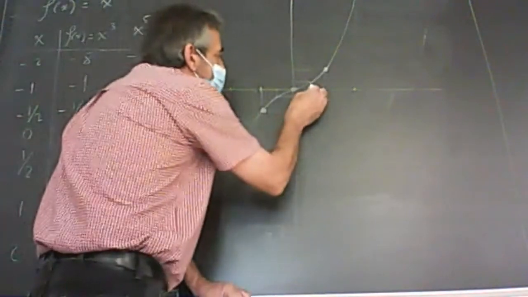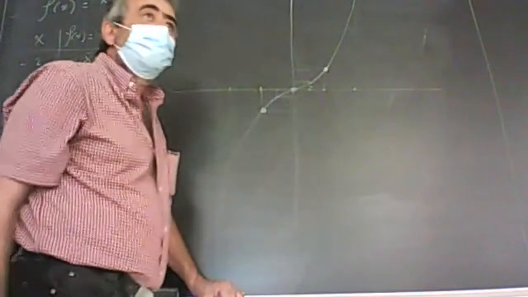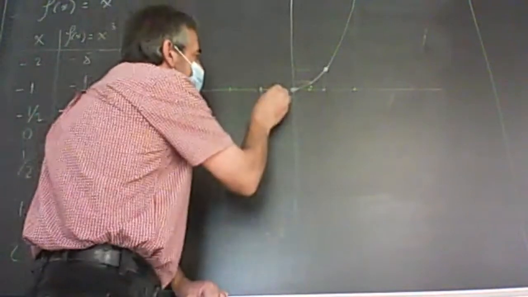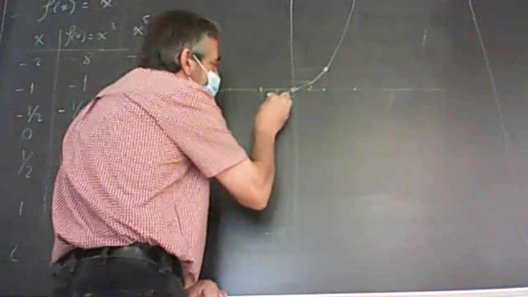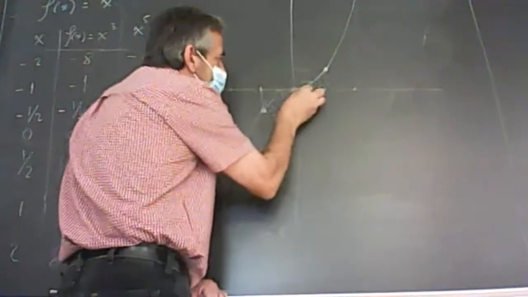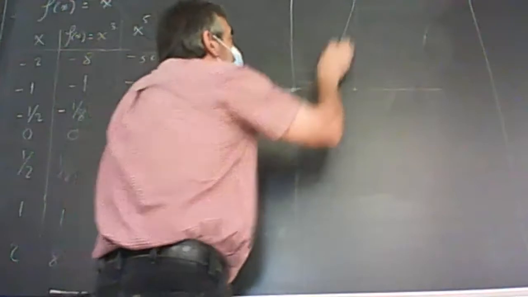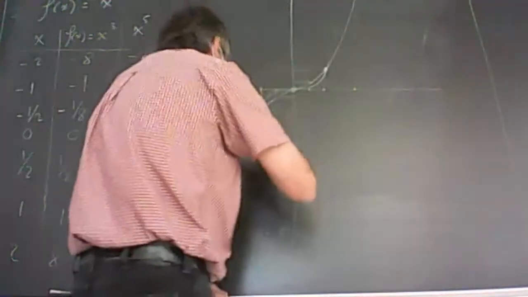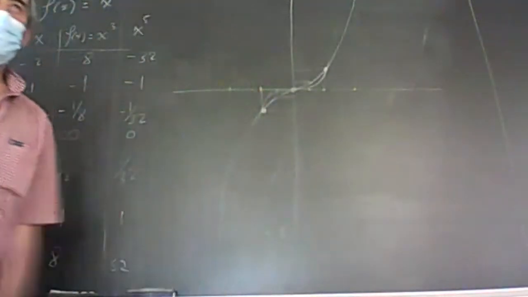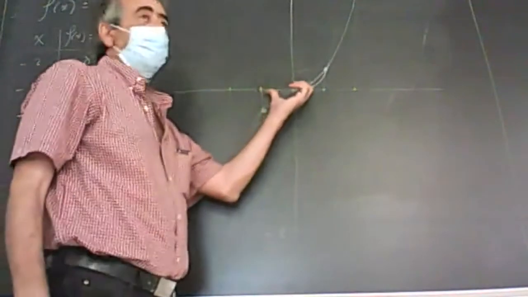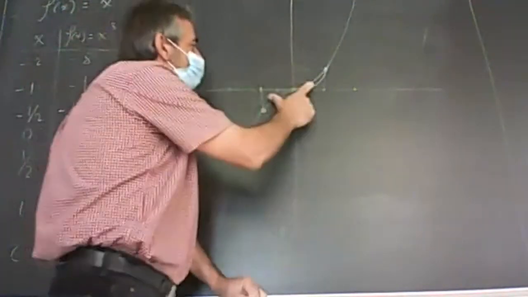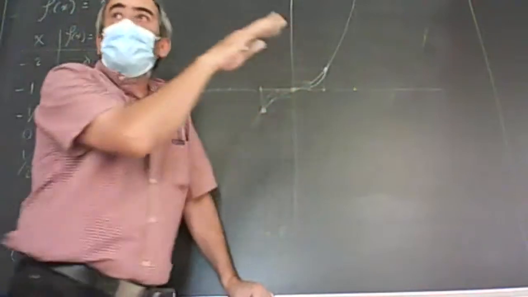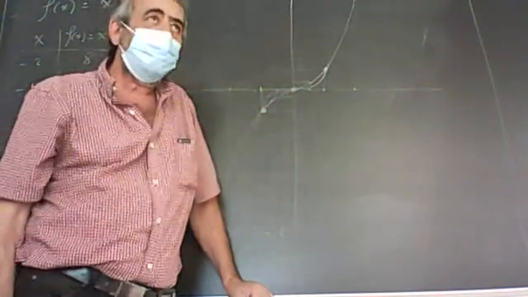So I'm going to get down here, and on this side, I'm going to get here. So this is how the graph is going to look in this portion, and then it's going to go up and go down. Notice what happened here. It kind of squeezed in. It became a little bit flatter, if you want.